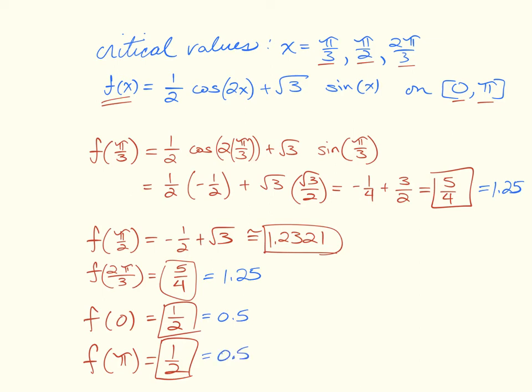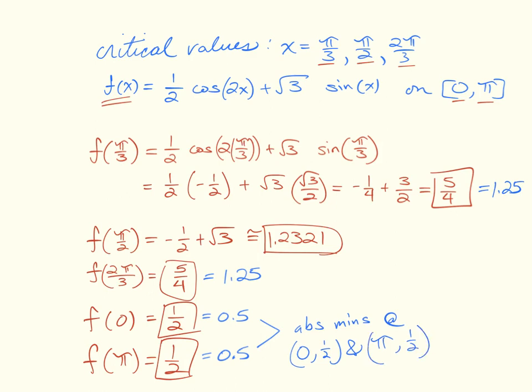So it turns out that there will be 2 absolute minimums, as 1/2 is the smallest value out of all of these 5 y values. And so that means we will have absolute mins at 0, 1/2 and at pi, 1/2.